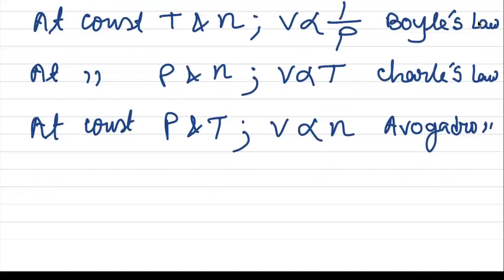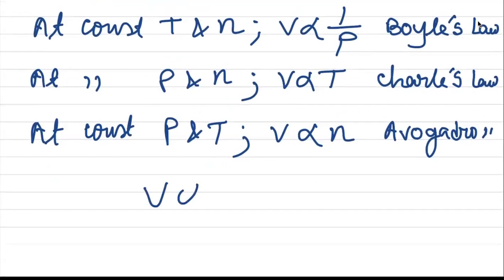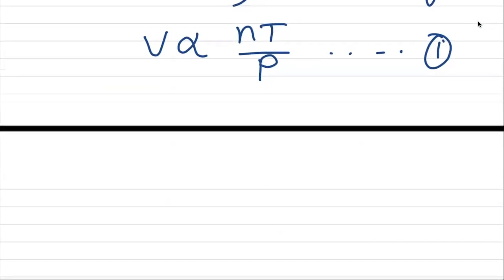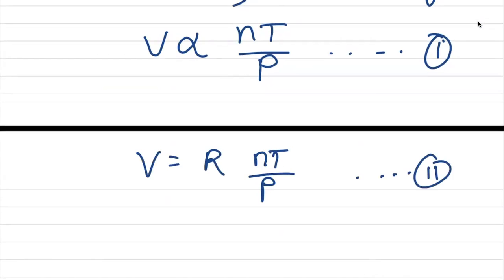So if we combine these equations, what we can see, V is proportional to nT by P. Then we can write V equals R nT by P, where R is the proportionality constant.